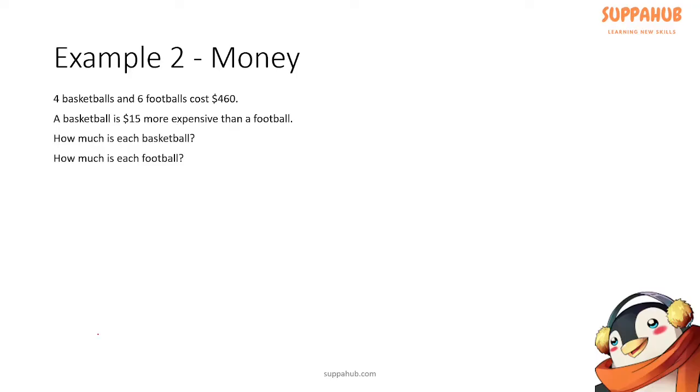Okay, now let's proceed. The solution: let x be the price of a basketball, and y be the price of a football. So you have equation 1: 4 basketballs, and you have 6 footballs, cost $460, right?